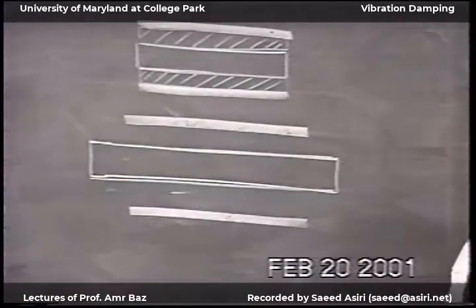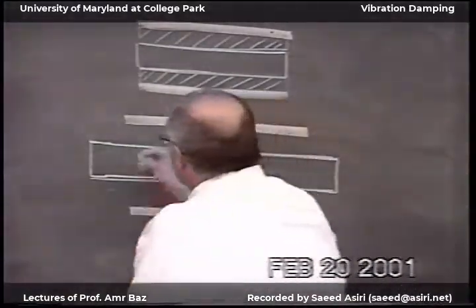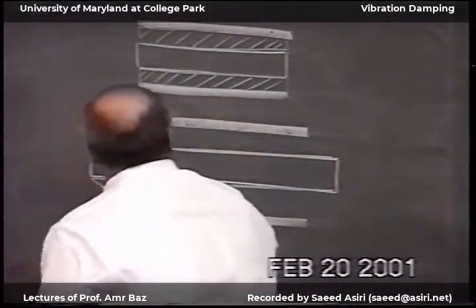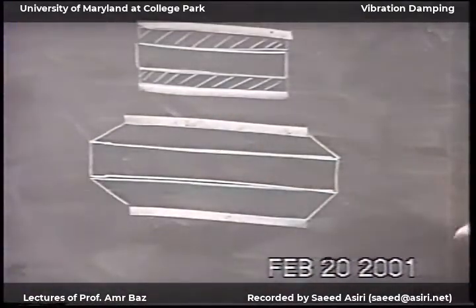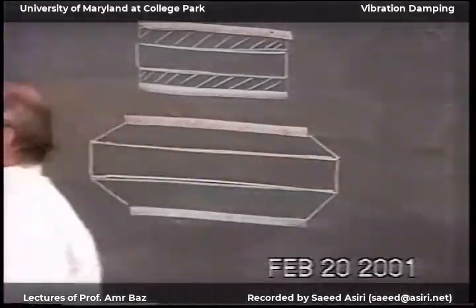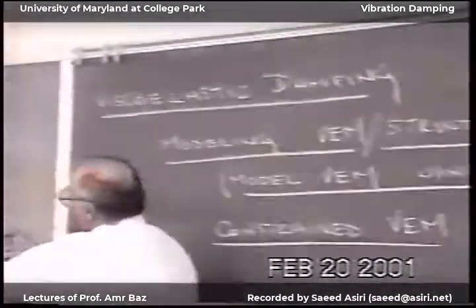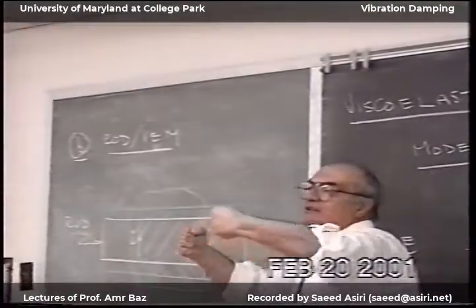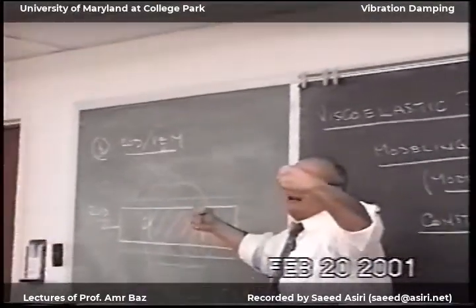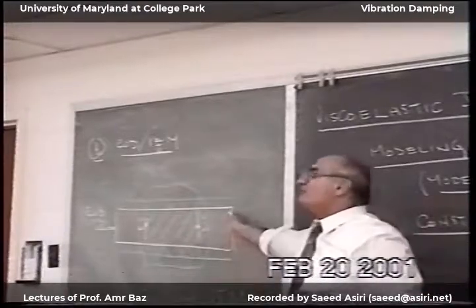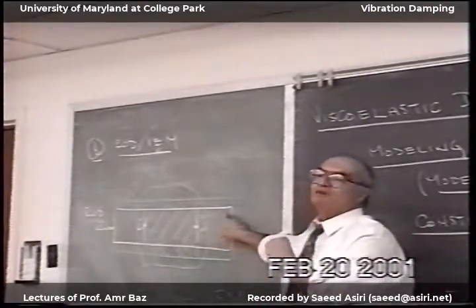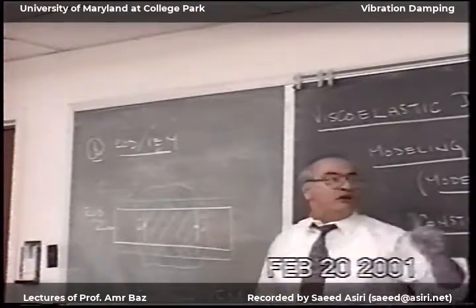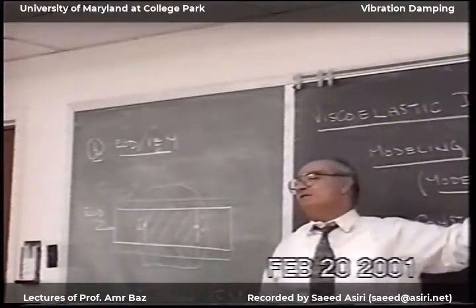So now what will happen to the viscoelastic material? It will look like this. It will shear. The viscoelastic material will shear. Here, when I pull the two ends, the viscoelastic material stretches. Here it shears. The mechanism for elongation gives very small damping compared to the mechanism of shear, as we will see why.